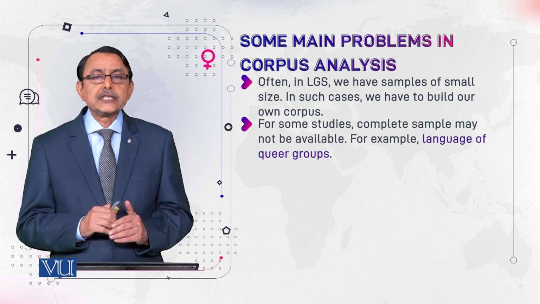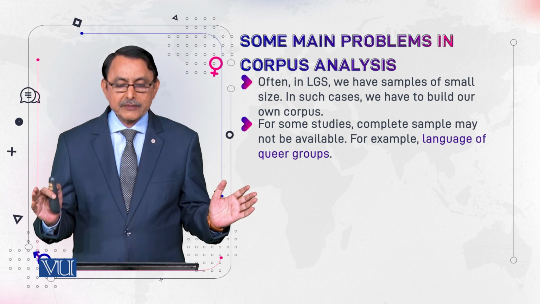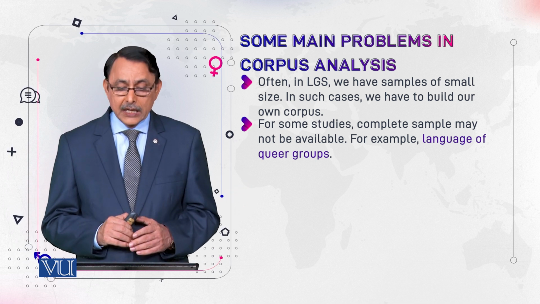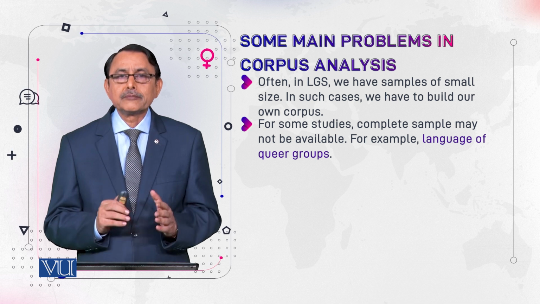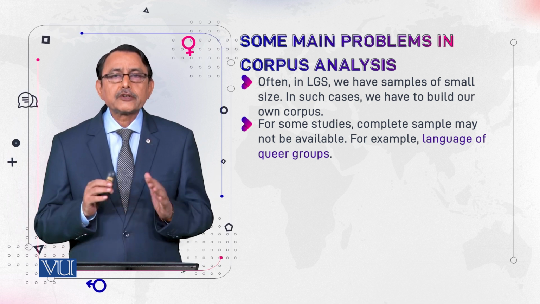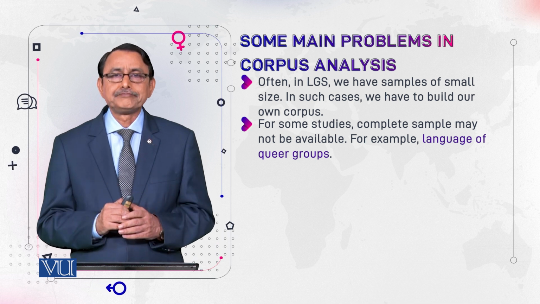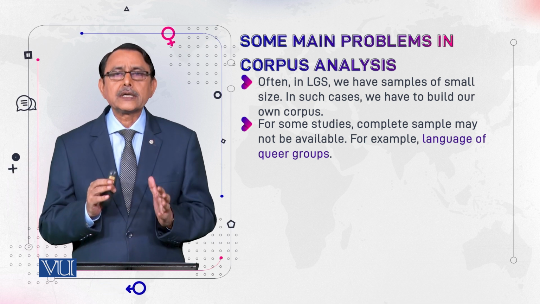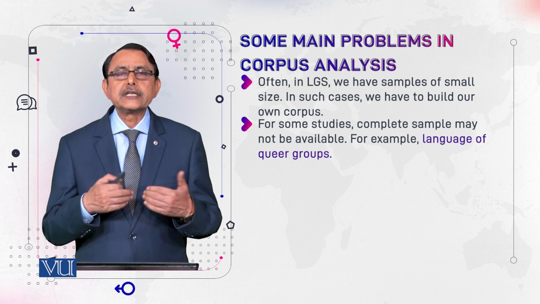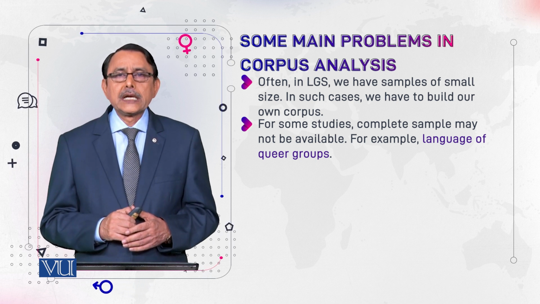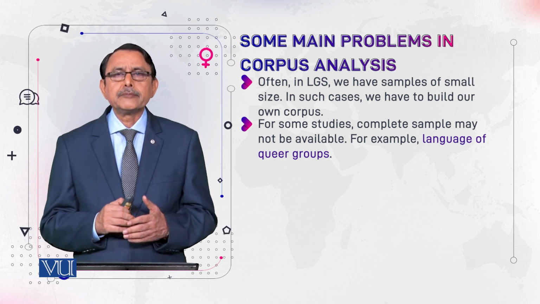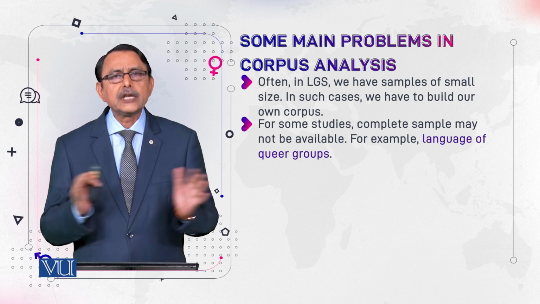For some studies, complete sample may not be available. Sample, I have used this term from research. Sample is part of that phenomenon which you are going to study, about which you want to investigate something, because your interested event, person, population is very large.